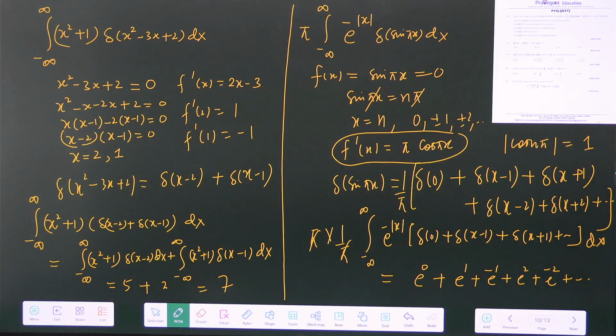Okay? Sir, there we have minus mod x. Not give the minus values, plus values. Always it will be minus. Isn't it? Yes sir, the minus of minus mod.